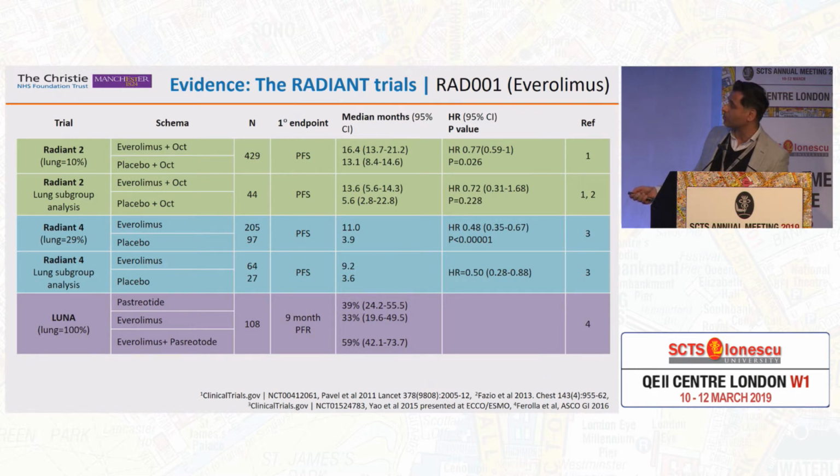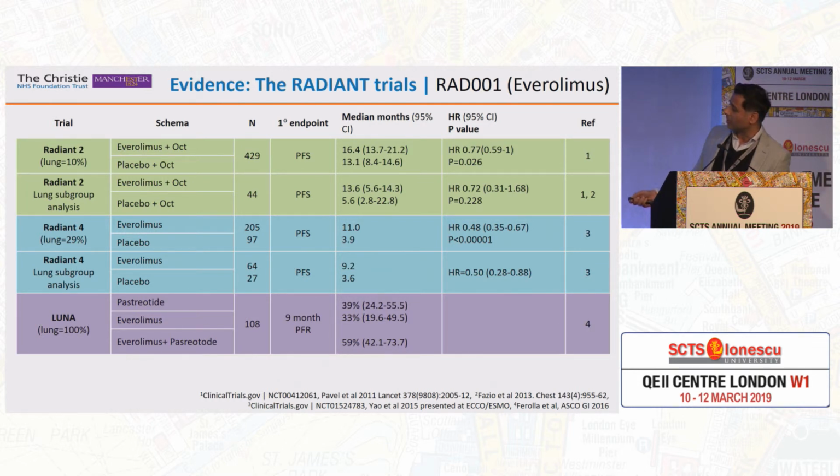So in Radiant 2, there was an unscheduled subgroup analysis of the lung cohort, and what they found was that although the progression-free survival, which was the primary endpoint, was non-significant, there was a trend, and that led them to do a planned subgroup analysis in Radiant 4, which showed that there was a strong reason for giving everolimus in a relapsing patient.